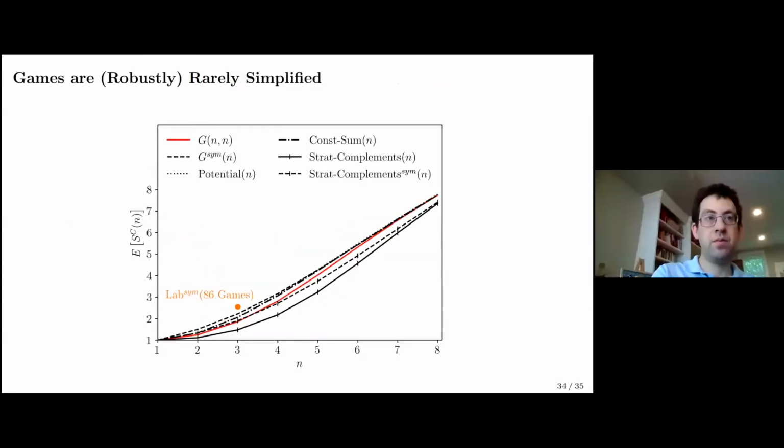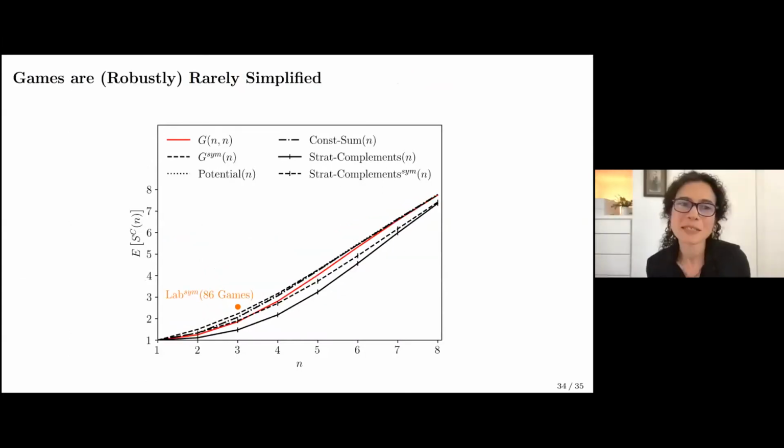And the last thing is the number of strategies that survive iterated elimination, whether or not the game is solvable. And as it turns out, we see very similar figures that correspond to these different classes of games. And all of them seem to increase almost linearly as you go beyond n equals 5 or so.